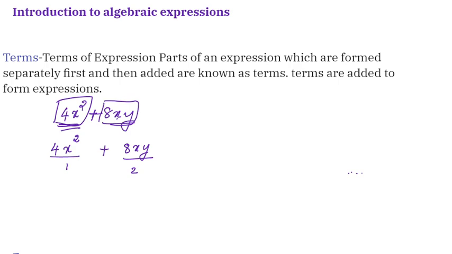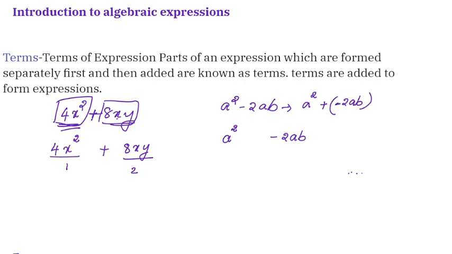Okay. Now for example, a square minus 2ab. So how many terms are there here? Yes, two terms are there. What is the first term? First term is nothing but a square. What is the second term? Second term is nothing but minus 2ab, because this can be written as a square plus minus 2ab, right?